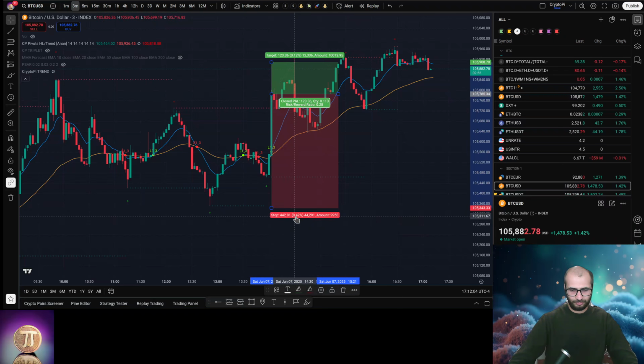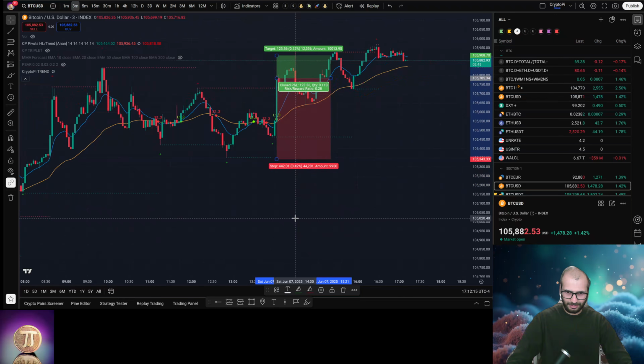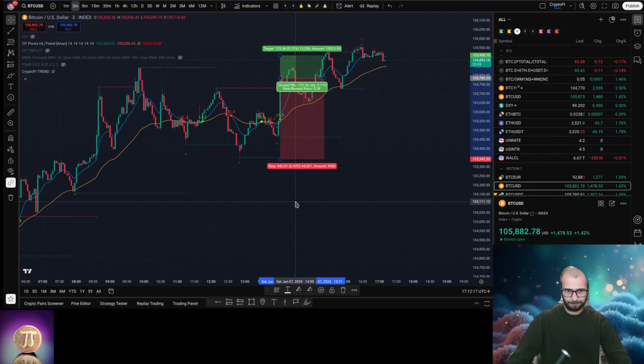That's 0.42. This is something very tricky which I have found out. If your stop loss is below 1%, it's best to use, in this case, leverage. And I think this brings out a completely different discussion.